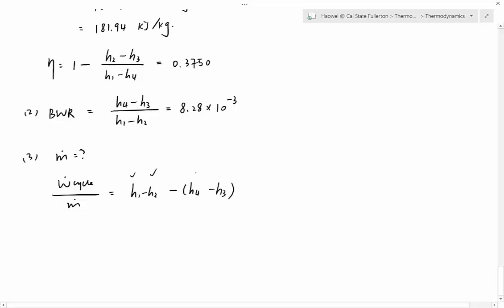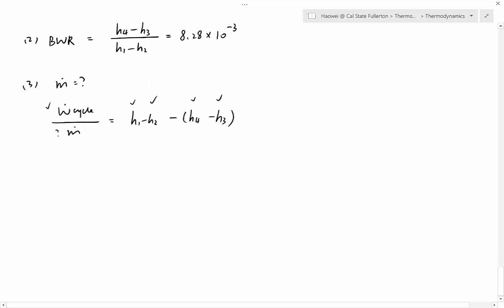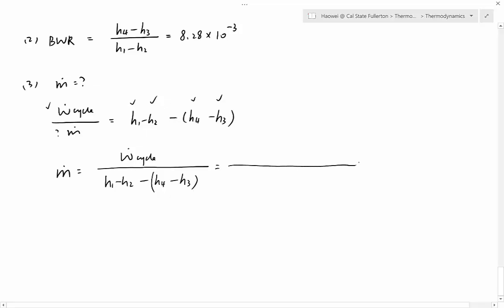We have all four enthalpies. We also have W dot cycle. We're just looking for M dot, one equation with one unknown. We can find mass flow rate very easily. It's equal to W dot cycle divided by (H1 minus H2) minus (H4 minus H3). Let's plug in the numbers. Make sure you use SI unit. 100 megawatts, so times 10 to the 6 to convert megawatts to watts.